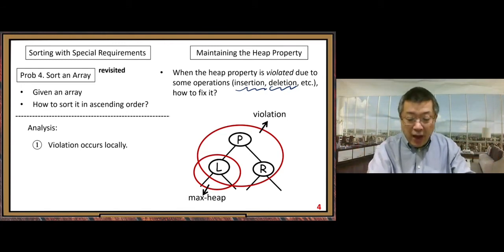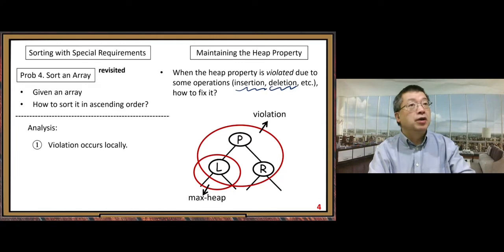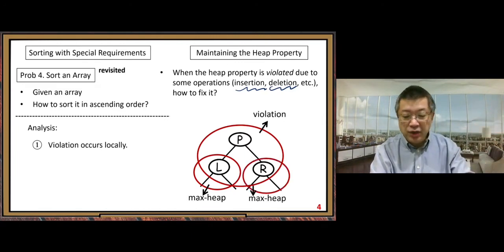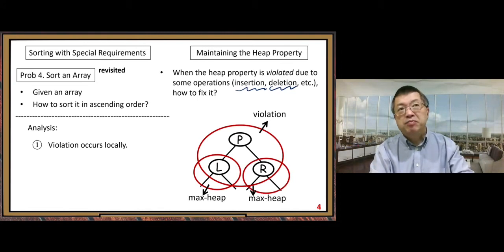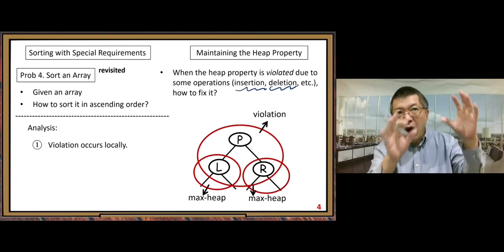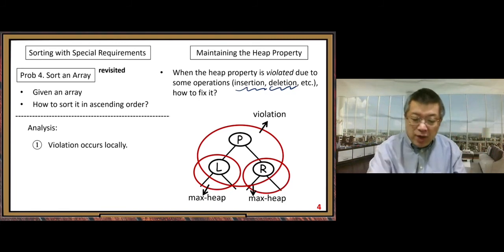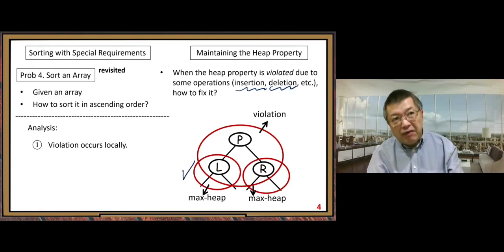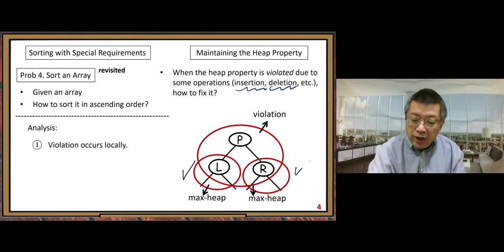After that, we need to consider each subtree, the left subtree and the right subtree, because after we make the swap operation, we may have a violation either in the left subtree or in the right subtree.